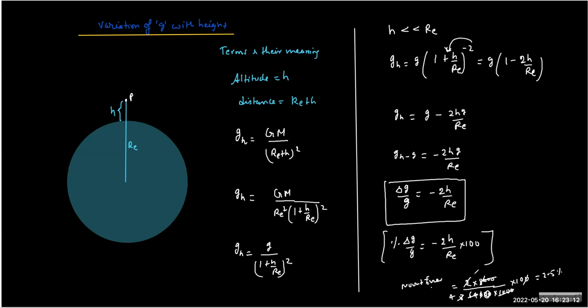I hope this calculation is okay. So you can see that even if you climb to Mount Everest, the g will change by 2.5%. Now try to get the answer from the average value of g. So if I take the sea level as g equals 9.81, what is the g at Mount Everest?